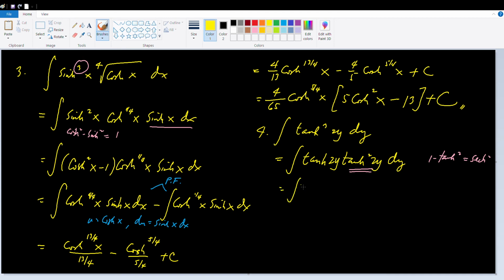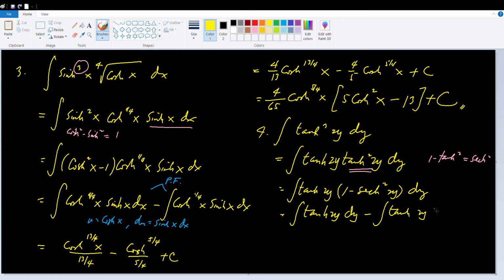We shall write this as hyperbolic tangent 2y multiplied by 1 minus hyperbolic secant squared 2y dy. That is hyperbolic tangent of 2y dy minus hyperbolic tangent 2y hyperbolic secant squared 2y dy.